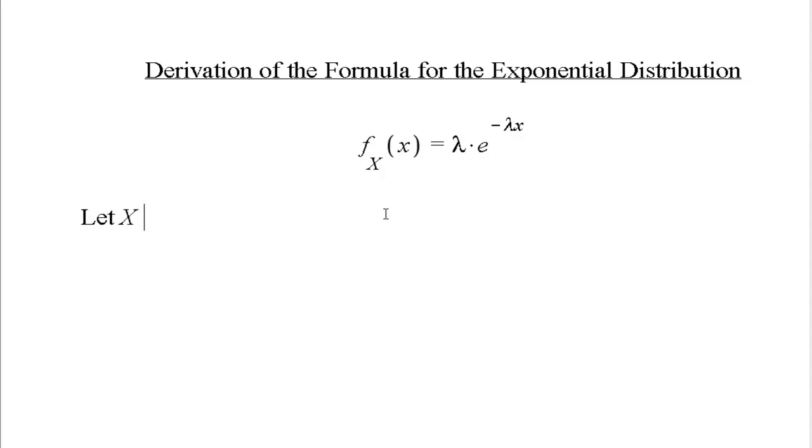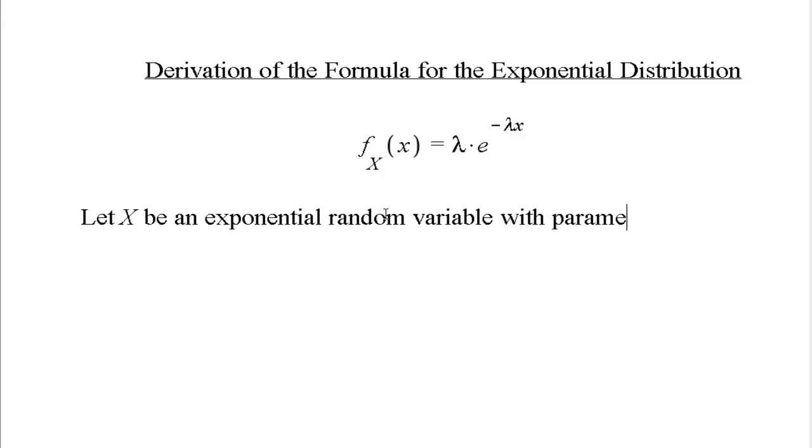So let's let x be an exponential random variable with parameter lambda. Okay, and remember that lambda is the number of times we expect the event to occur in 1 unit of time. Okay.